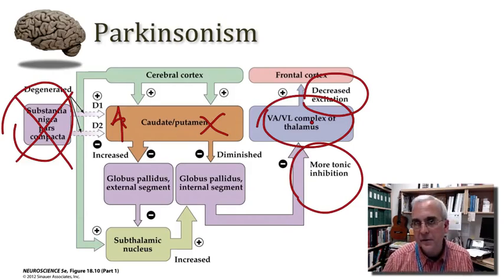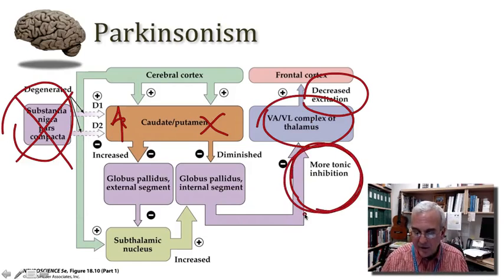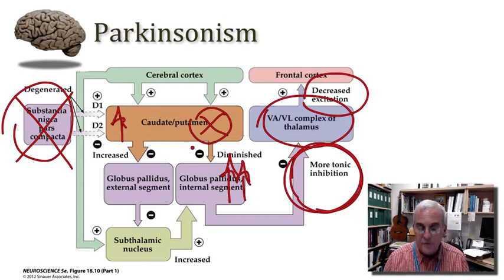So now let's back up into the basal ganglia and see why that would be. So if there's too much tonic inhibition, that suggests that the activity in the internal segment of the globus pallidus is too high. And again, the reason why it's too high is that we have a severe reduction in our ability to inhibit the inhibition. So we have a failure of disinhibition.